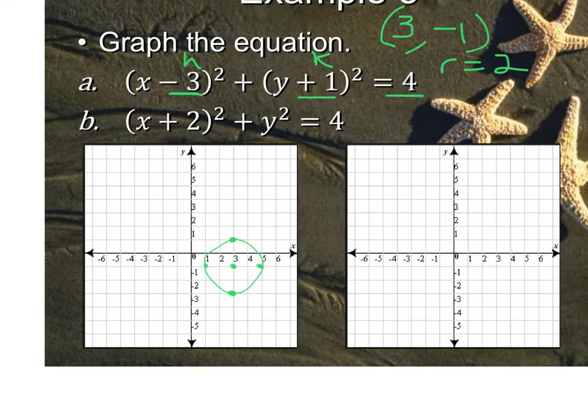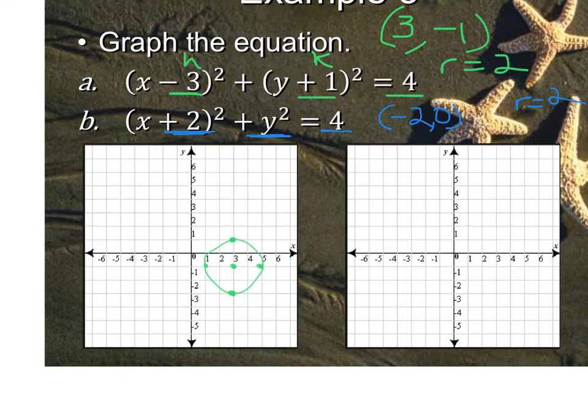For part B, we need to pull the center out. So for part B, we're going to pull out the 2, and it's backwards, so it's -2. Notice nothing being added or subtracted here to this y, so I know it's 0. And then again, my radius has a length of 2, because the square root of 4 is 2.